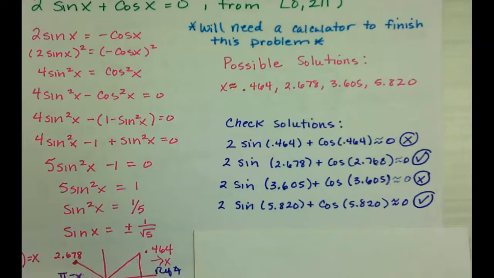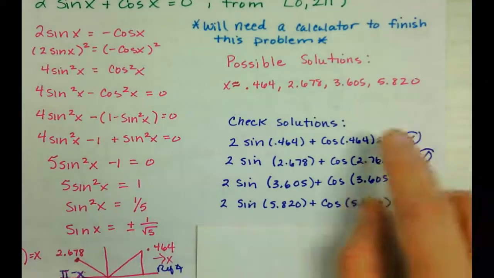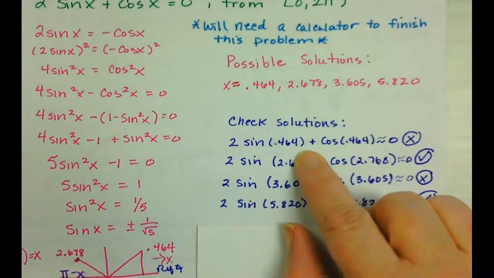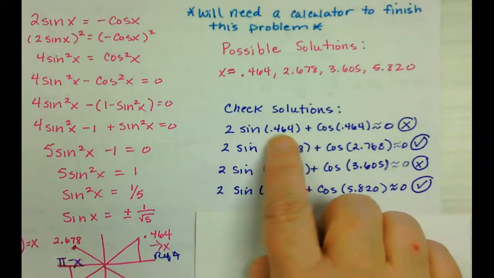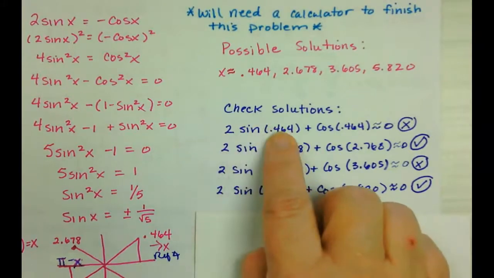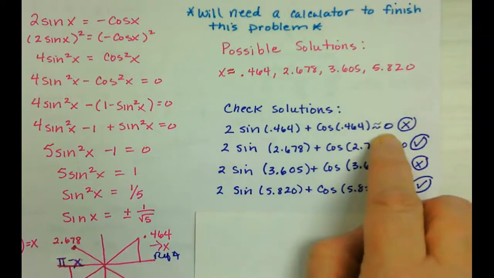So when we get our possible solutions, those were the 4 that we found down here in the graph, then we've got to take and plug them back into that original equation right here and check. So when I plugged in, and I'm not using the rounded answer here, I literally typed in 2 sine, grabbed my number, plus cosine, grabbed my number, and checked to see if it was 0.